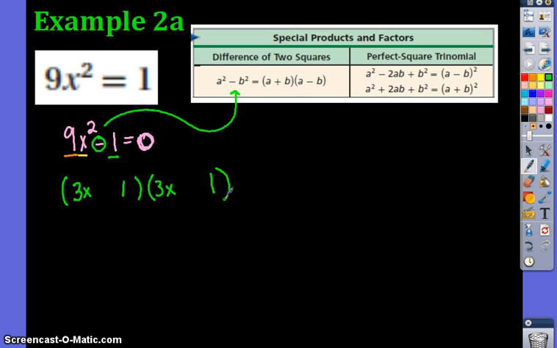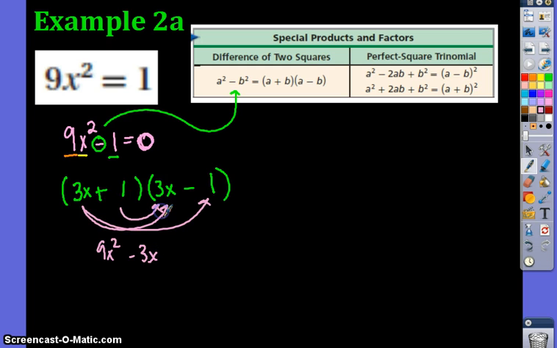So what we notice here is that it's just going to wind up being plus, and then minus. And it's a good idea to check. Go ahead and check, make sure you did it right, and you'll see how this property applies here. There's our 9x squared, which is what we needed. Here's a negative 3x.